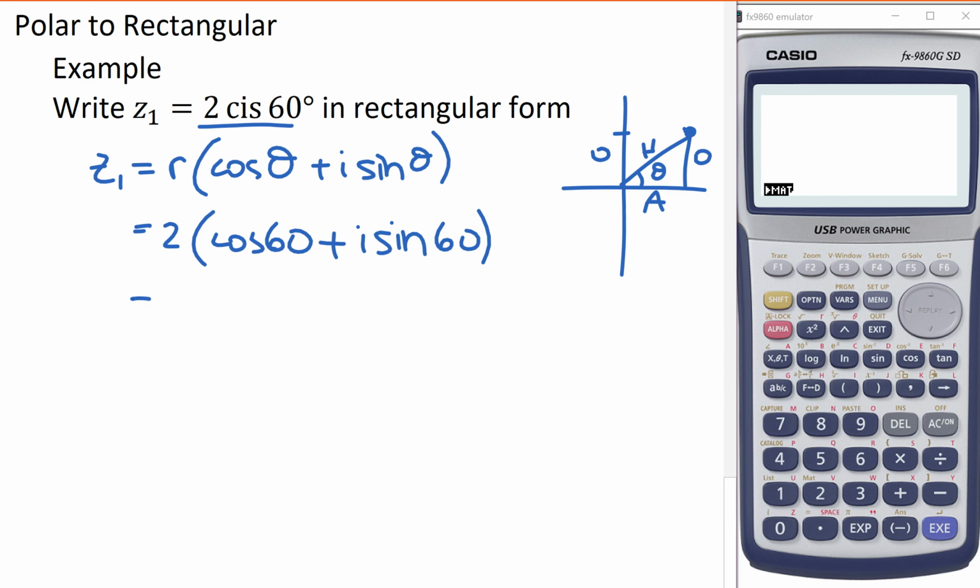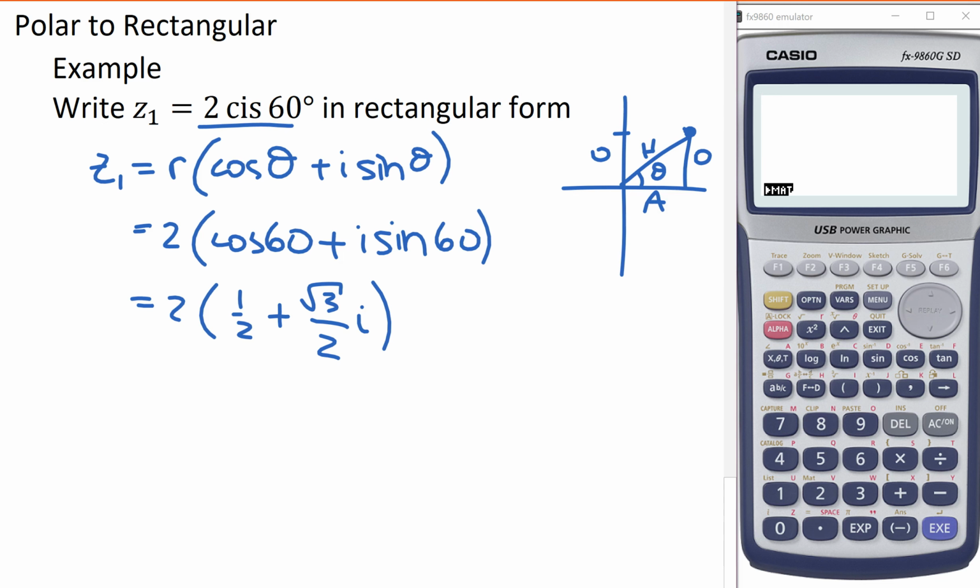Someone put that into the calculator, please. So that's going to be 2 lots of a half plus root 3 over 2 i. Yep, spot on. Are we happy with that?